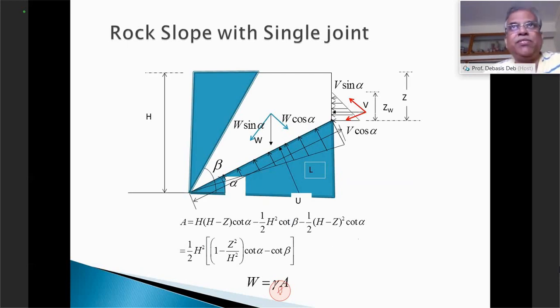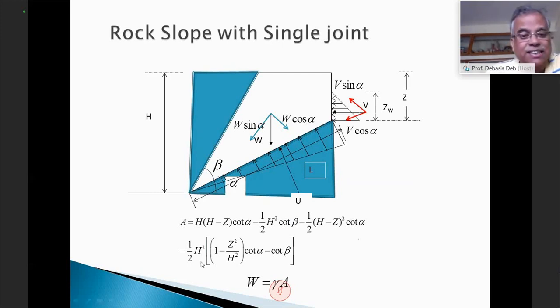Now remember that if this cut is at the surface, and if the tension crack is also on the surface of the slope, then you have to calculate the area accordingly. So area completely depends on the geometry: where is the tension crack, and where is the joint, whether it is a toe joint or a slope joint. Depending on that, you have to estimate the W, and for W का लिए the area.